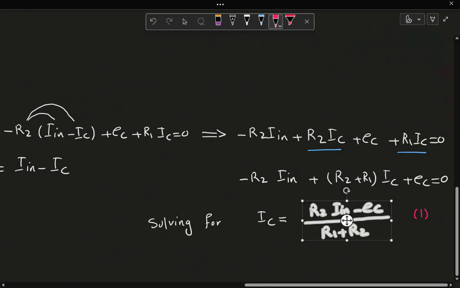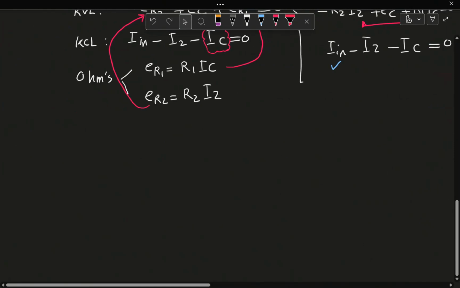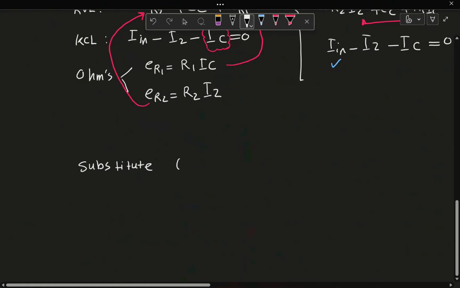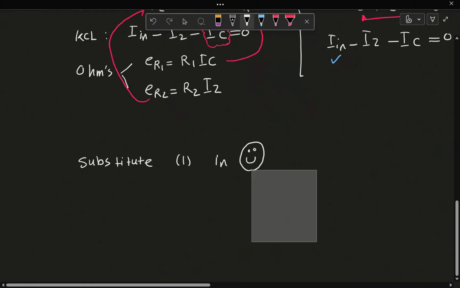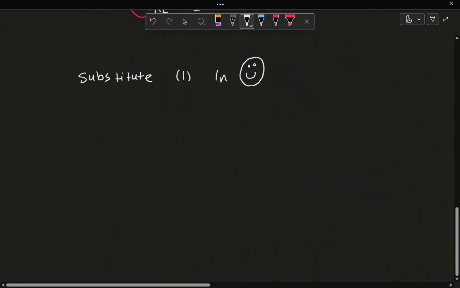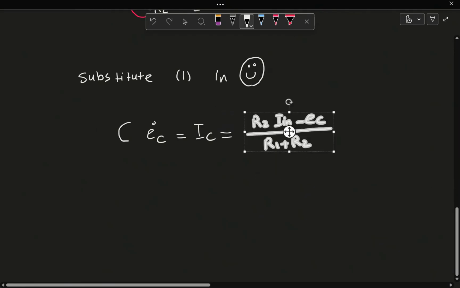So substituting equation 1 in equation smiley, let me rewrite it: C times EC dot equals IC, and instead of IC, I'm just going to substitute from equation 1.